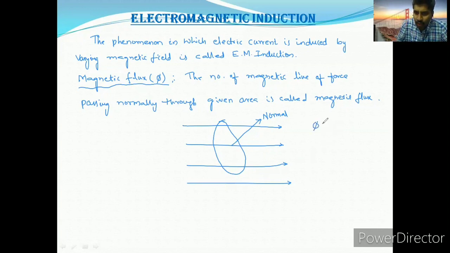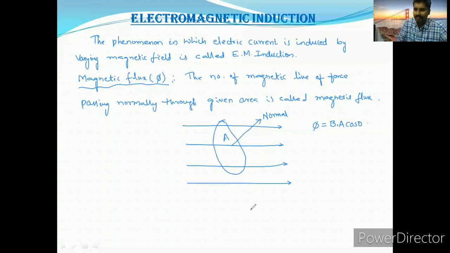Phi is equal to, we can write, magnetic field induction B. The lines of force are passing through an area, so that's why I wrote A. And also we can write the component cos theta.